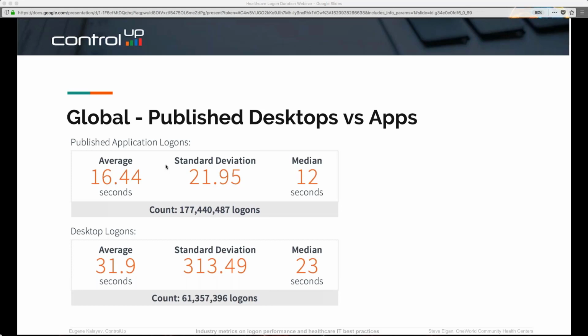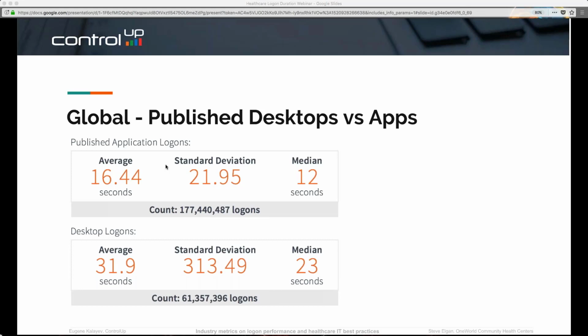If a whole desktop is presented to you and the start menu button is clickable, which from the user perspective is what a typical user might do, they might click the start button just to see that something is responding. From the controller's perspective, that's when the desktop logon is complete. That explains the difference you're seeing here.